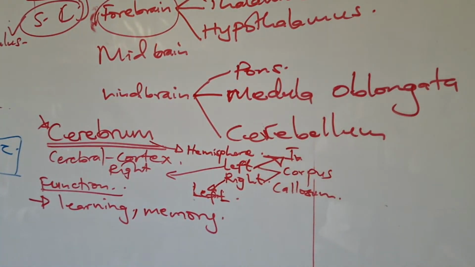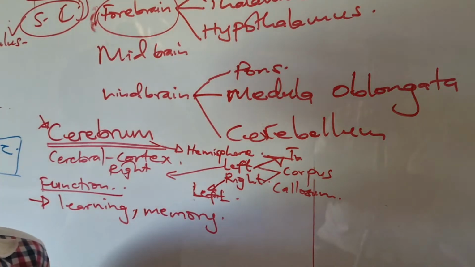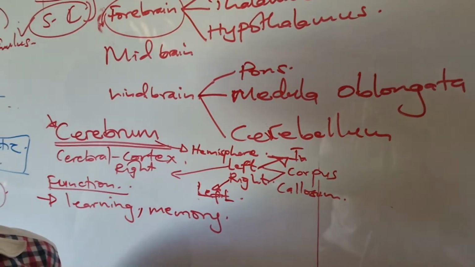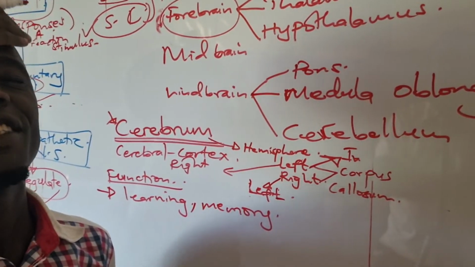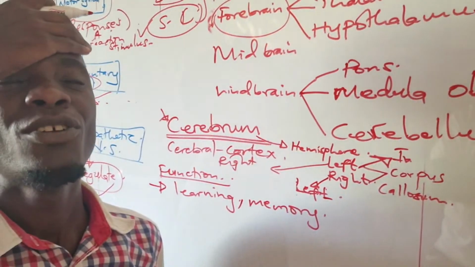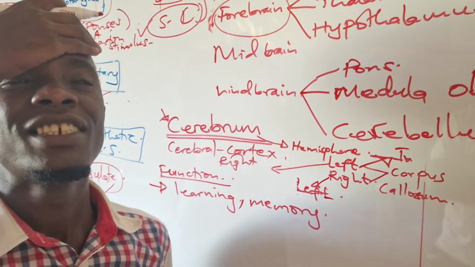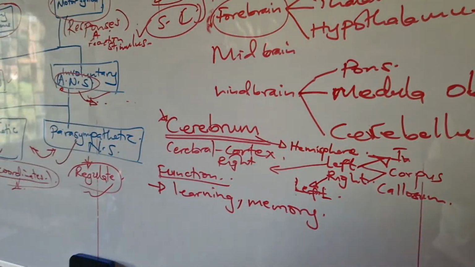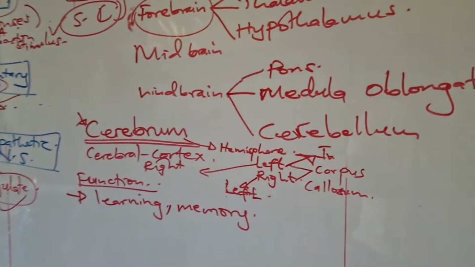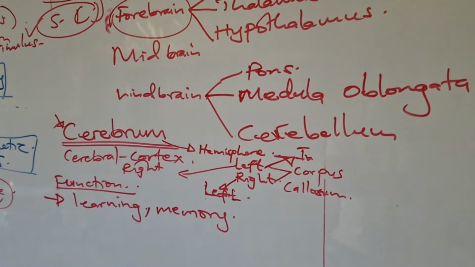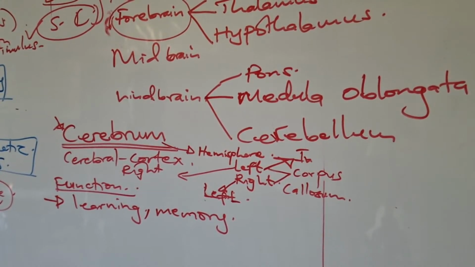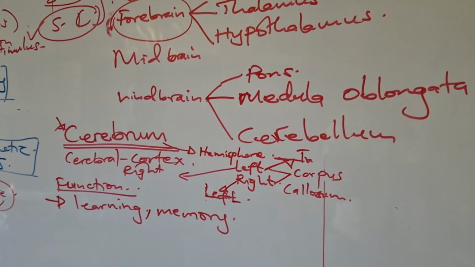It is found in the frontal part of the head, in the forebrain. That's why when you are thinking about something, or forgetting something, you tap the face. I don't know if it is an instinctive behavior, but that's why we usually tap the face, because it's where the cerebrum is found.